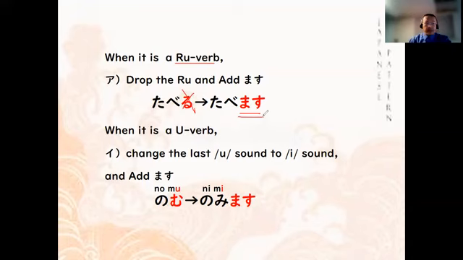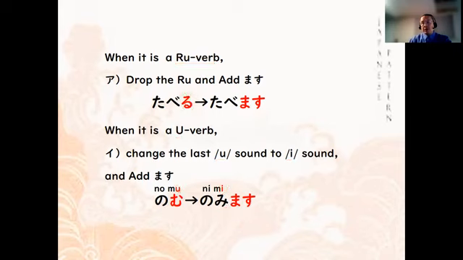The second rule says that when it is a u-verb, you change the last u sound to e sound. Then you add masu, just like here, the u to e. That is why the mu becomes me. Okay, mu to me. That's it. That's the two rules. All you have to do is figure out is it a u-verb or ru-verb.